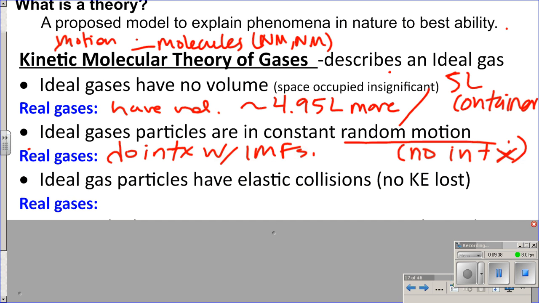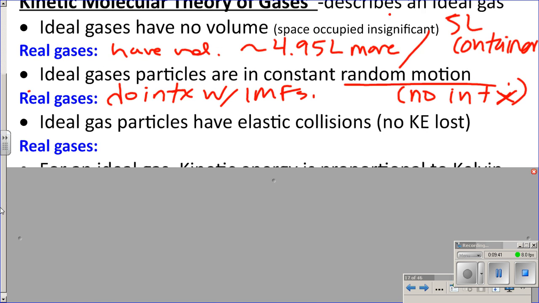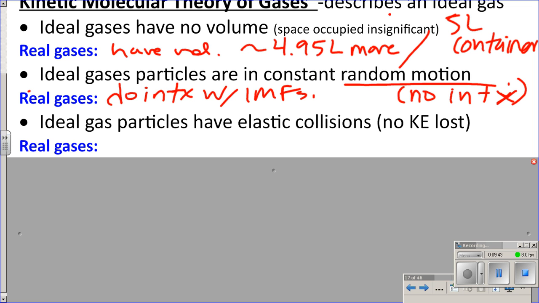Okay, more. Ideal gases have elastic collisions. That means if two particles are zooming towards each other and they've got energy to them, and they hit right here in the middle. They collide in the middle.